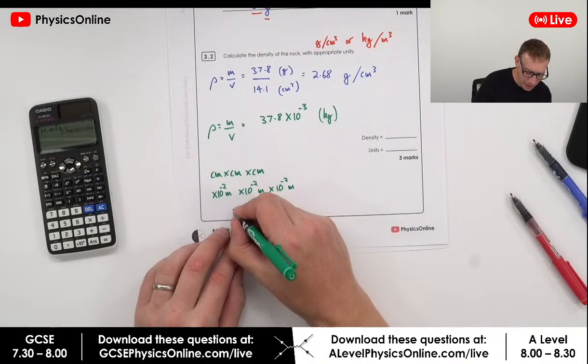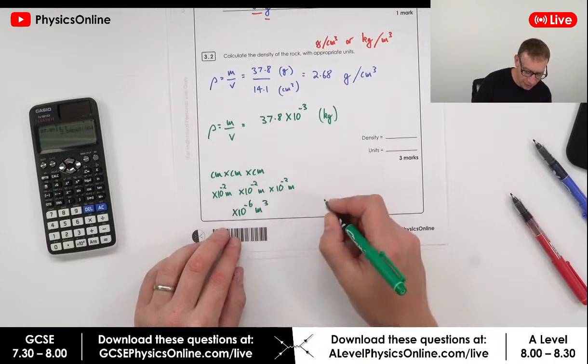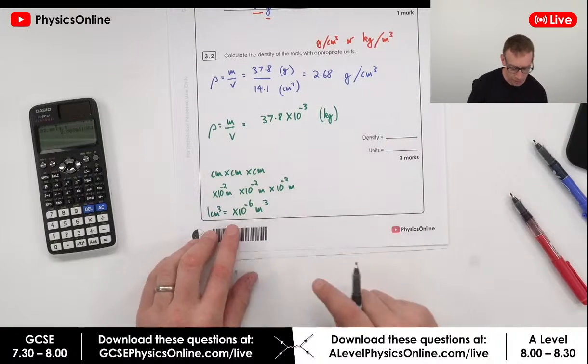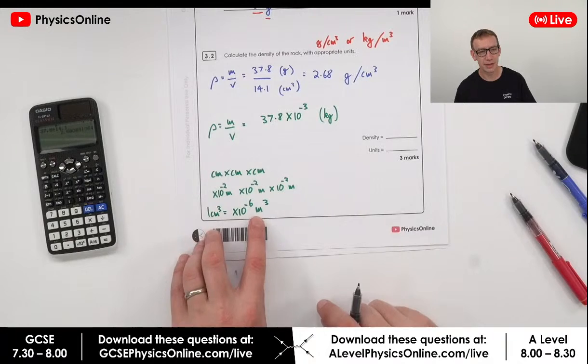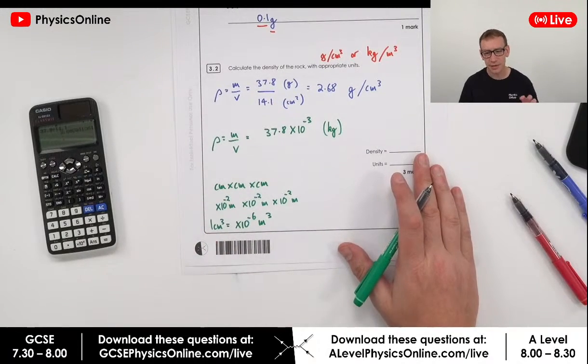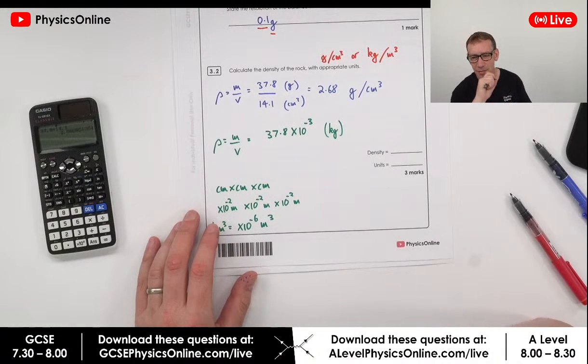That's the same as times 10 to the minus 6 metres cubed. So 1 centimetre cubed is equal to 10 to the minus 6 metres cubed. That makes sense? So yeah, as people have said, divide by a million. Joe Smith, yeah, completely correct.